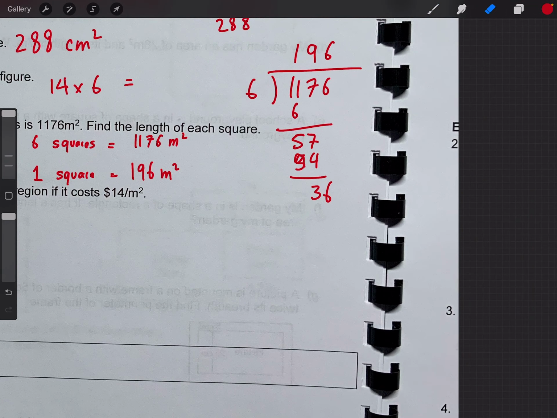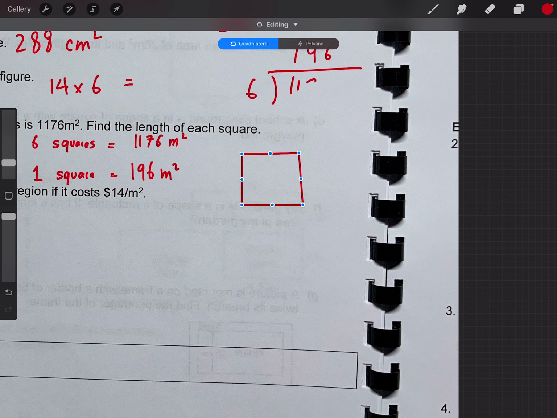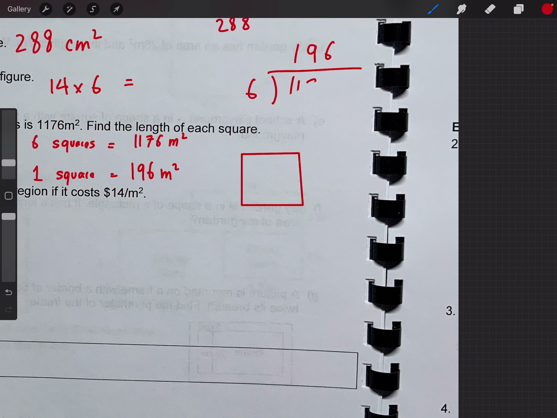So let's have a look. Let me do a square. Imagine that's a square, and the area of this square is 196. Now we want to find the length of each square. We want to find the length of that.